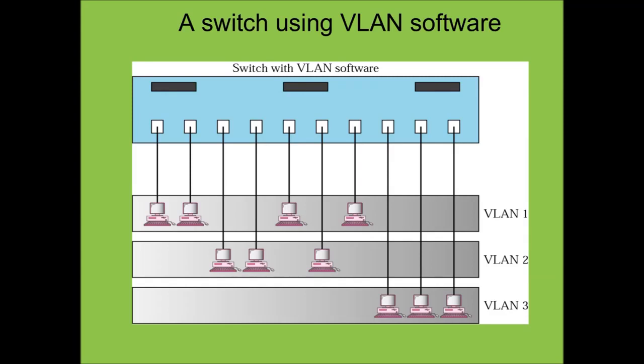There are three VLANs: VLAN 1, VLAN 2 and VLAN 3. VLAN 1 belongs to a specific department, VLAN 2 to another department, and VLAN 3 to another, and all these computers are connected to the ports of a switch. But this is a logical division; physically all these computers are connected to a single switch.